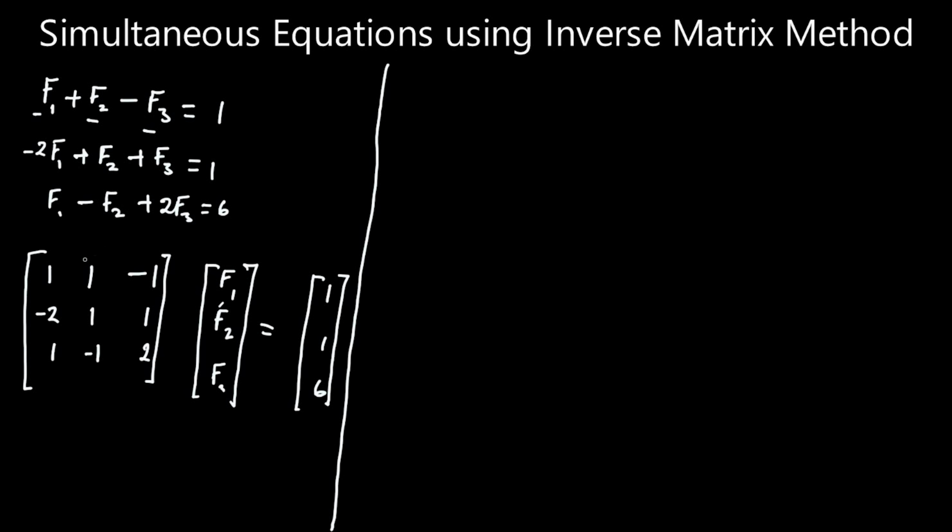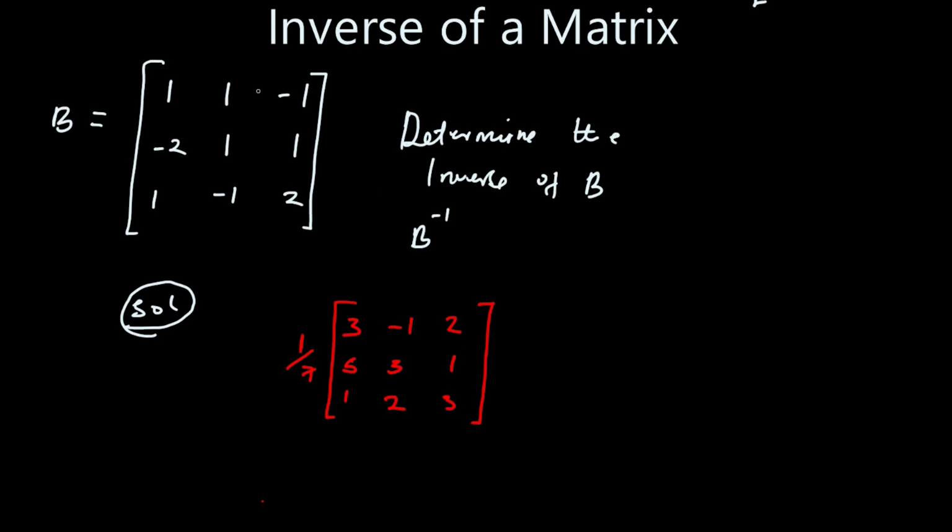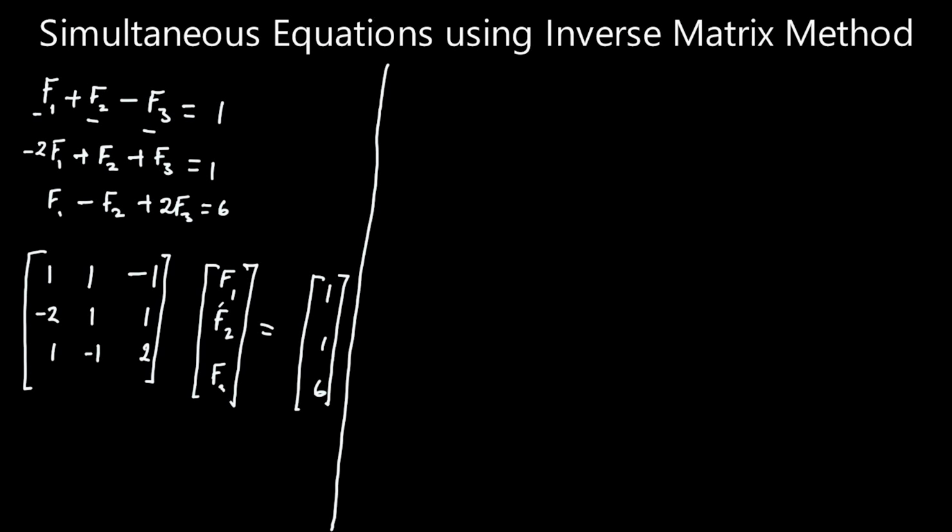Now, when we look at this matrix and compare it with the matrix that I had given you in the previous video, it is the same thing. So if you had solved for the inverse matrix in the previous video, where we had our solution given, then this will be just part of revision, as we continue using it to solve simultaneous equations.